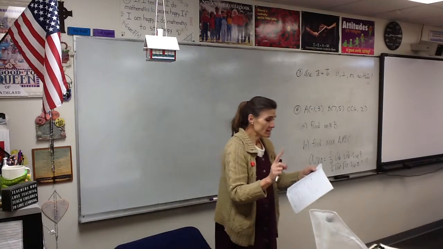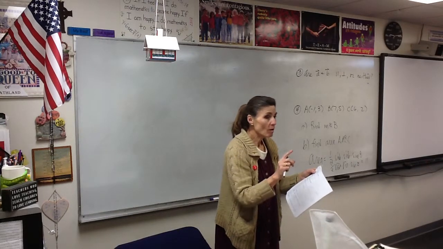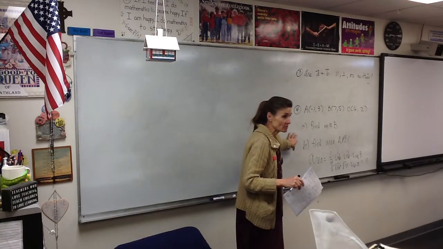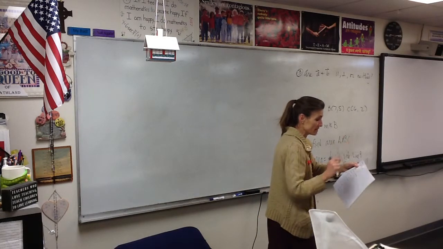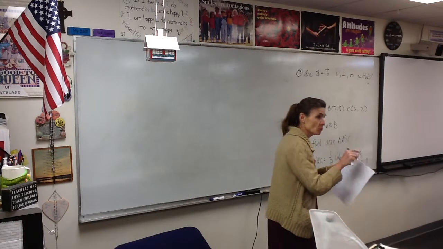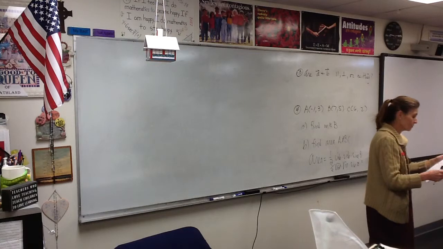Now, can we already do problem number 1? We've already had to do that with our triangle problem, right? We had to make the vectors. So what would be the coordinates of the vector from A to B? 2, 2. So if that question's on the quiz, that's like a gimme, right? Those are easy points.